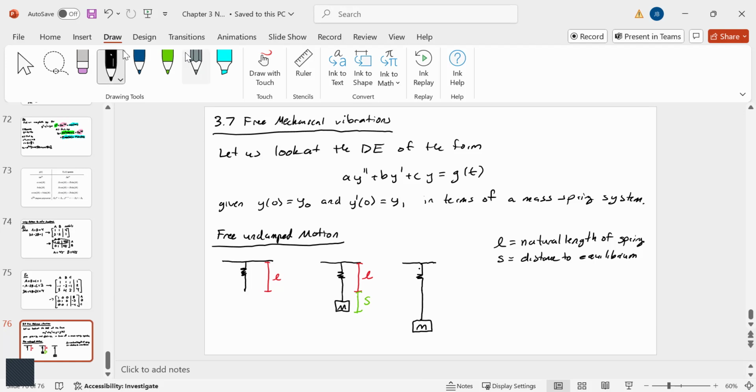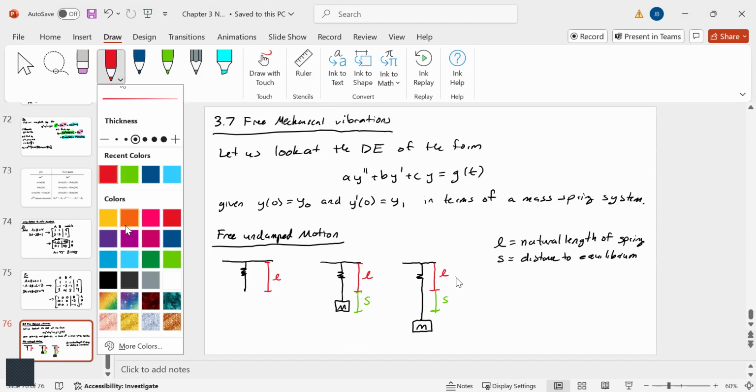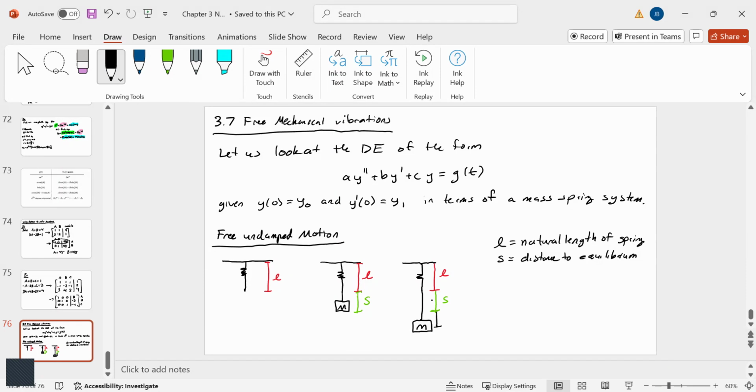Well, we still have our natural spring length, that's L. We still have the distance to equilibrium, wherever that was, right here. But now we have this even further distance away, wherever the spring is, and we're going to call that x. So x is the distance from equilibrium.